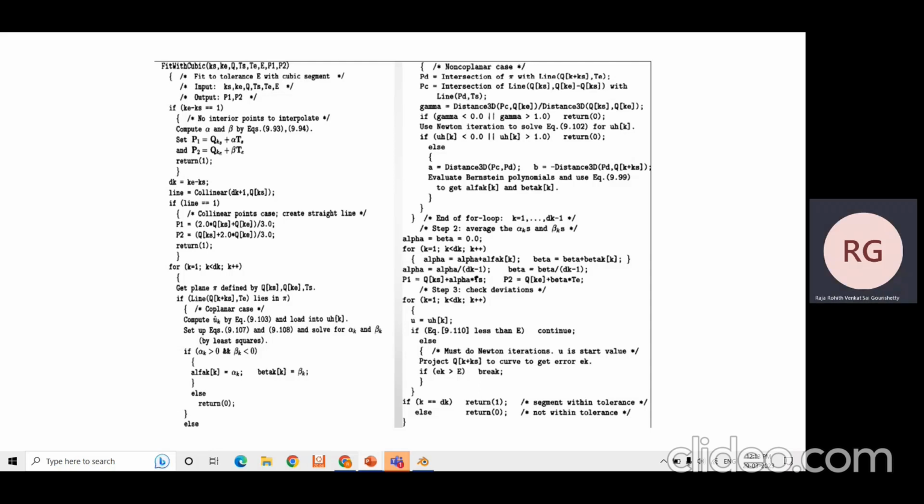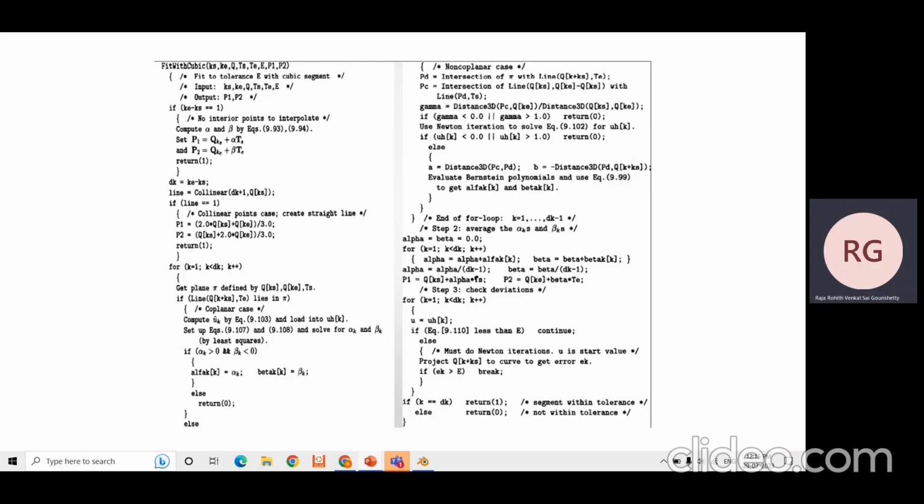If the points are not collinear, it iterates through each interior point and checks if it lies in the plane defined by the start point, end point, and start tangent. If it does, the function uses equations discussed in the previous slides to compute the control points. If not, the function uses a local approximation method to compute the control points.